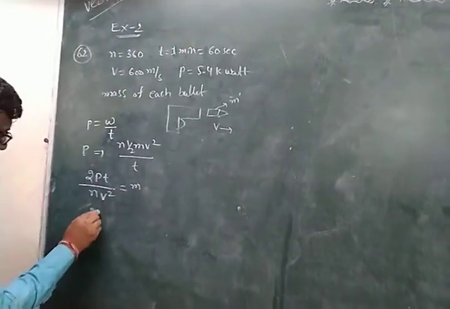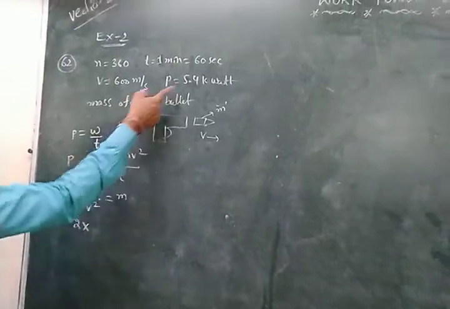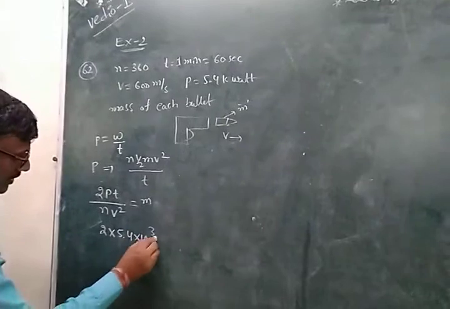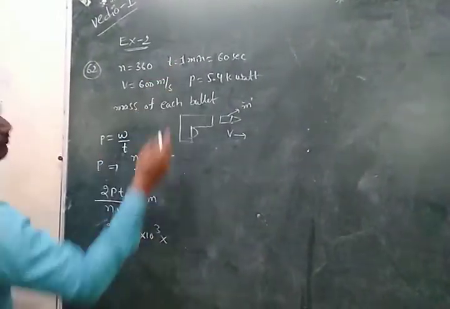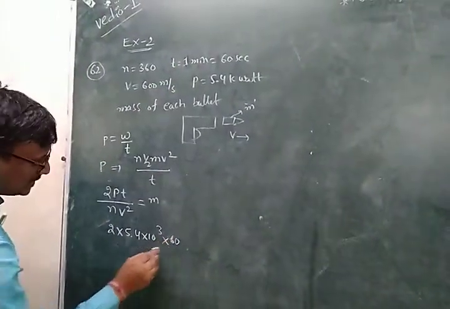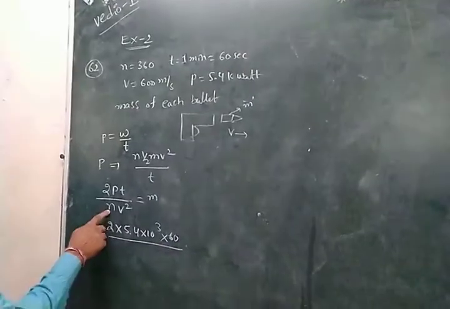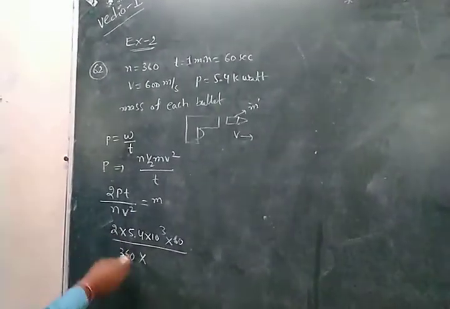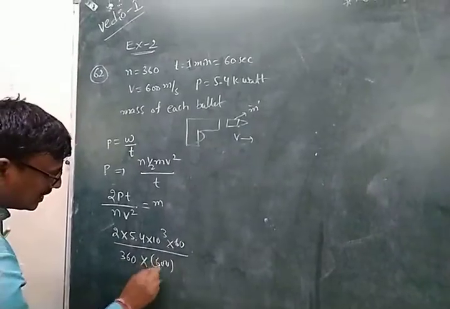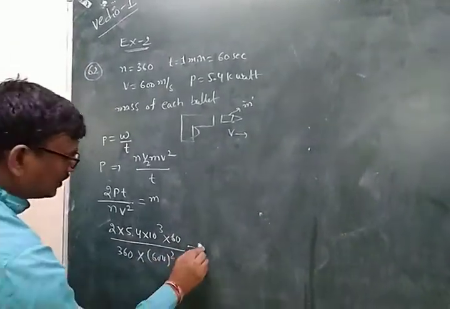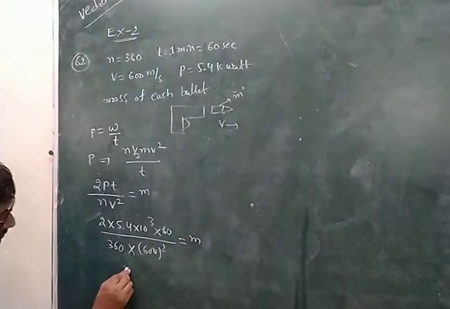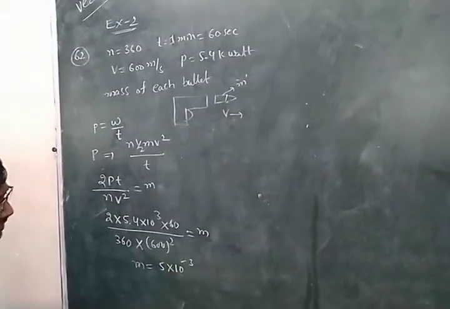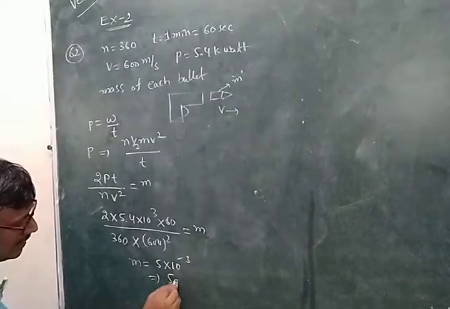Here the power is 5.4 kilo, means 10 power of 3, into time t equal to 1 minute, that is equal to 60 seconds, divided by n, the number of bullets, 360, into v square, which is 600 whole square, is equal to small m. We can solve that. We are getting m is equal to 5 into 10 power of minus 3, that is equal to 5 grams.